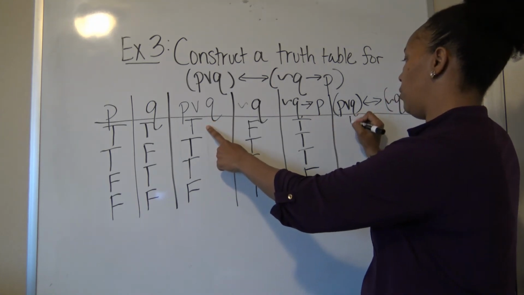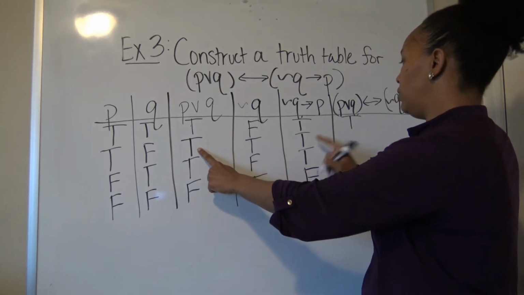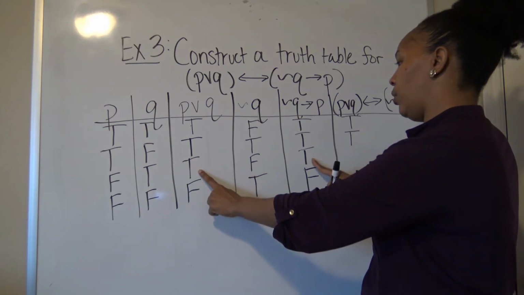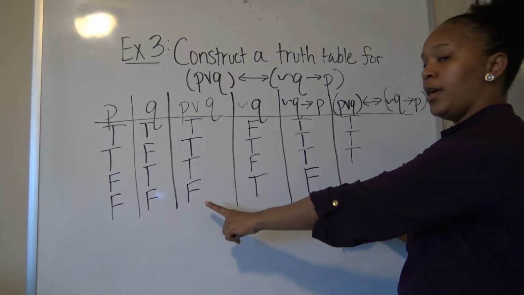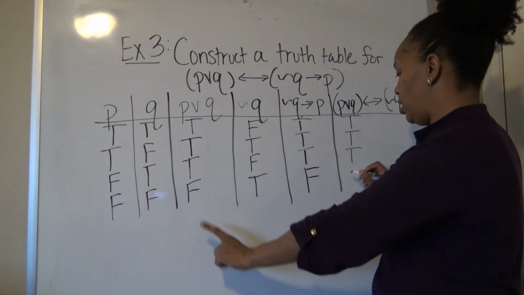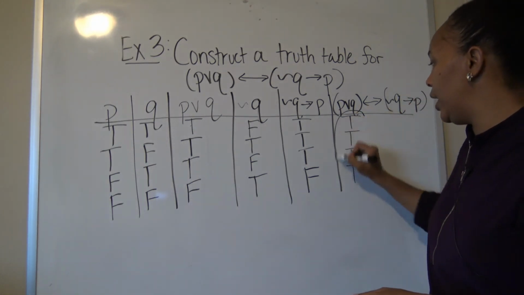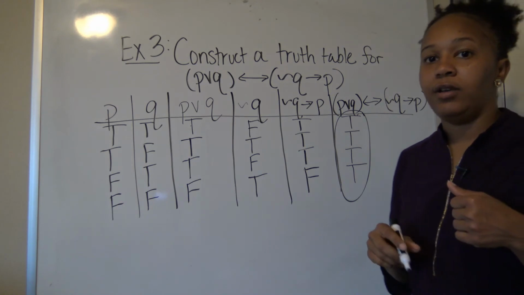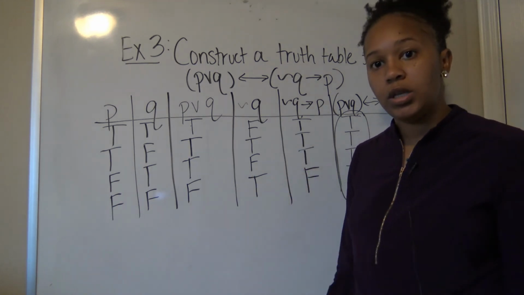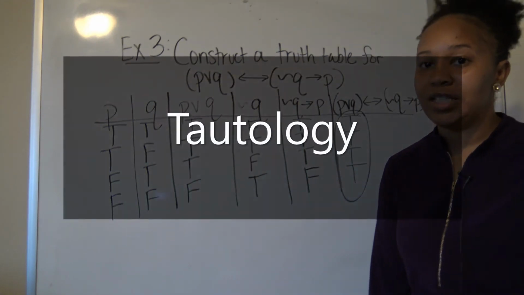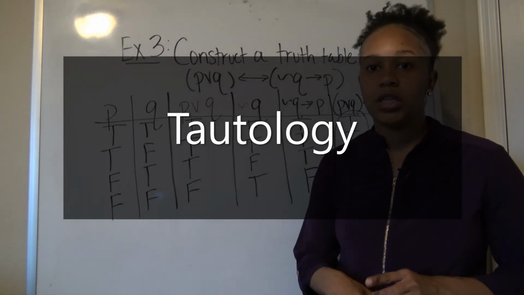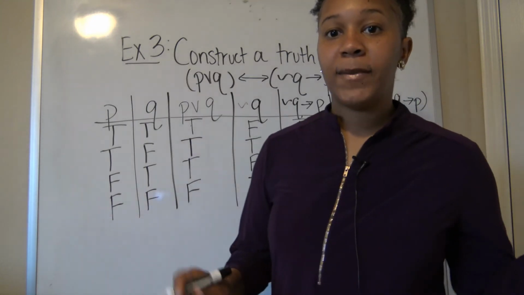They are both the same here, so that would be true. They are both the same here, that would be true. They are both the same here, that would be true. And they are both the same here, that will also be true. So here we go again, a case where all of the values come out to be true. So this will also be a tautology. All right.